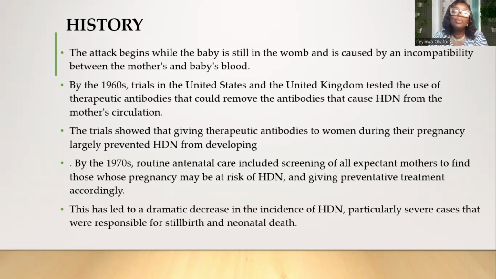Since the emergence of anti-immunoglobulin, therapeutic giving of anti-immunoglobulin to pregnant women to prevent sensitization, the incidence of stillbirth or neonatal death associated with hemolytic disease of the fetus and the newborn has actually reduced drastically.